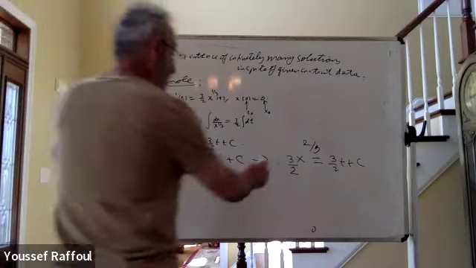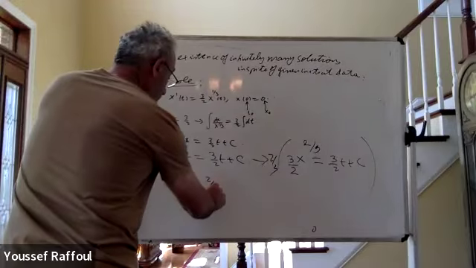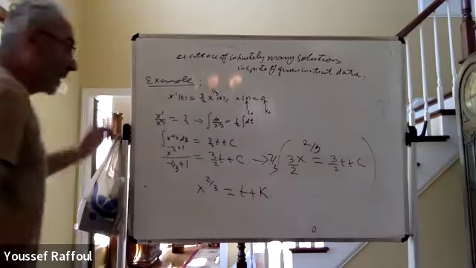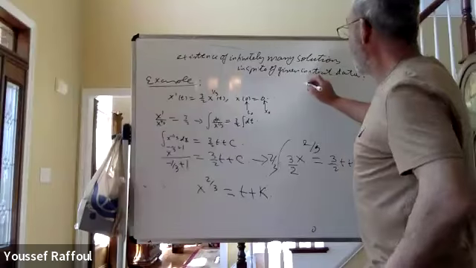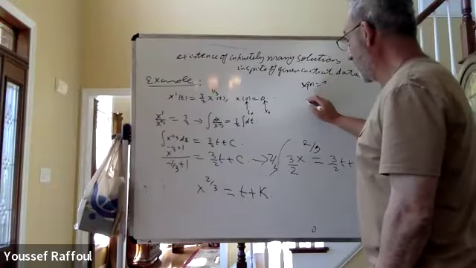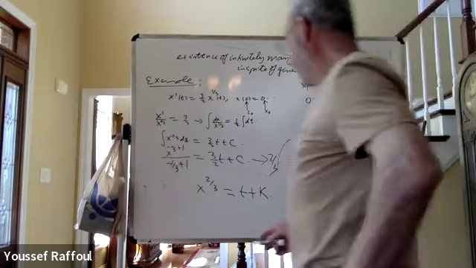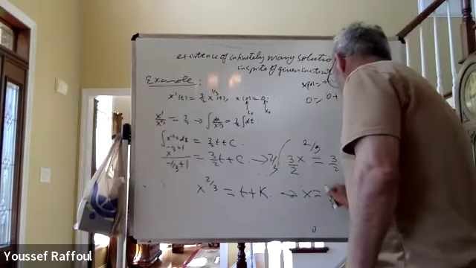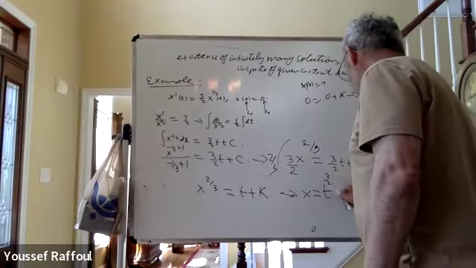If I multiply by 2/3, I'll get x to the 2/3 equal t plus another k, correct? And then if I apply x of 0 equals 0, I get 0 is 0 plus k, so k is 0. So that means x is t to the 3.5.